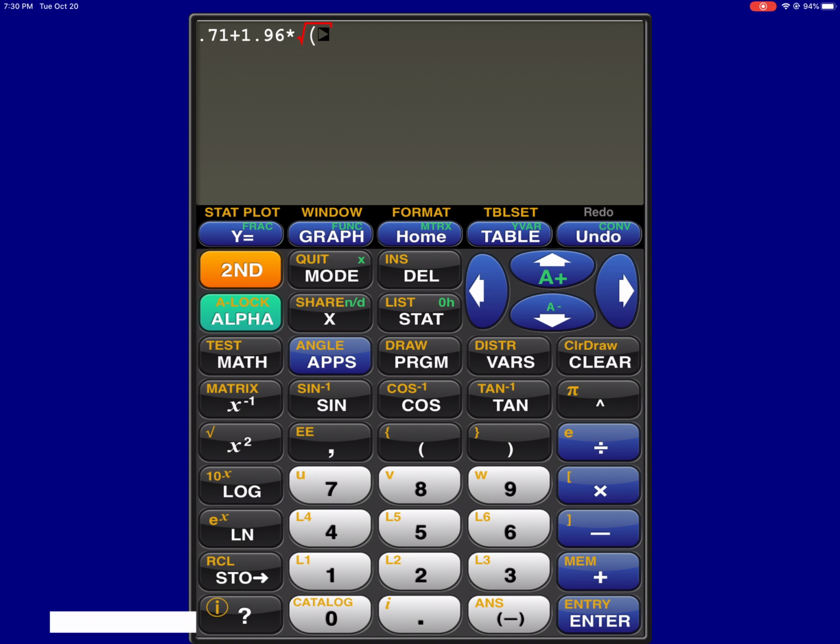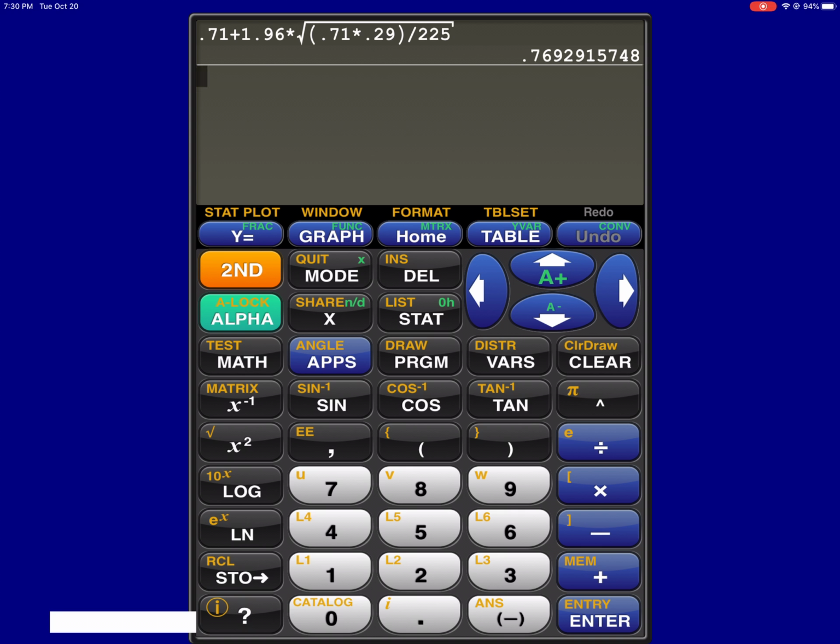So it's possible yours will work without it, but just to be safe, you're better off putting the parentheses around the top just to make sure the order of operations work out right. So 0.71 times 0.29. So there's my p hat times my q hat. Then in parentheses divided by my 225. And then just hit enter.